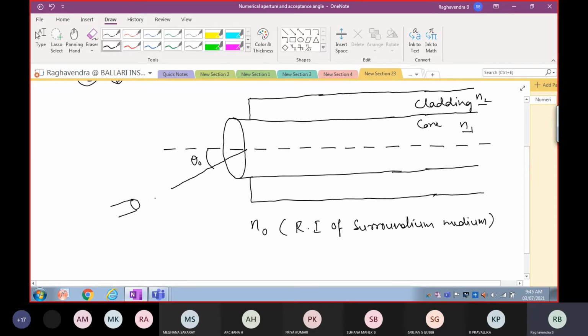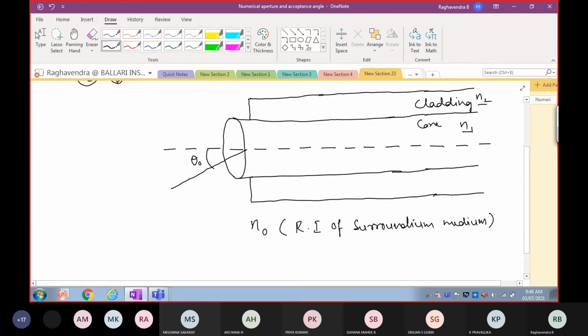It is traveling from the surrounding medium to the core part of the optical fiber whose angle of incidence is theta naught. So it is traveling from one medium to another medium, right? Yes or no? Yes, sir. Are you getting my point? What I am saying?